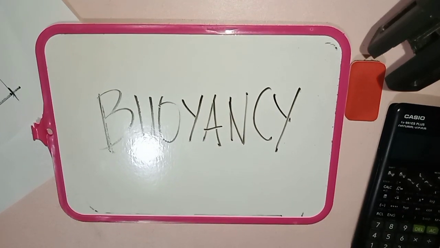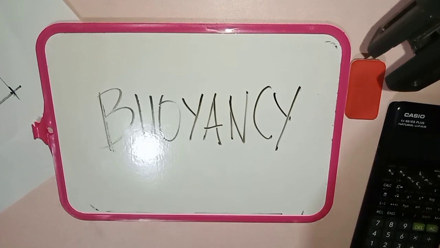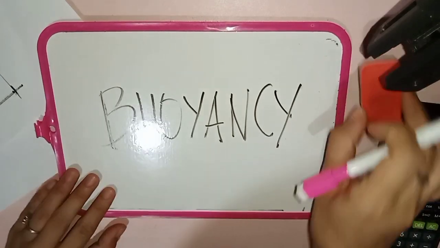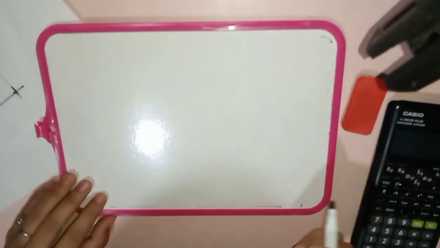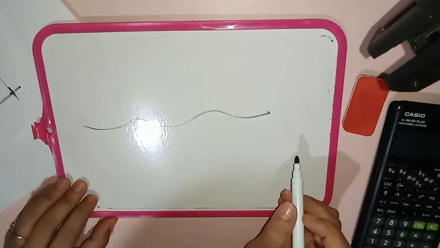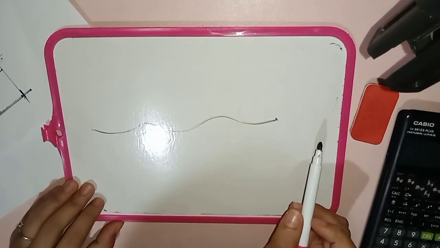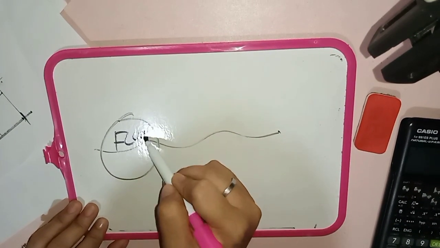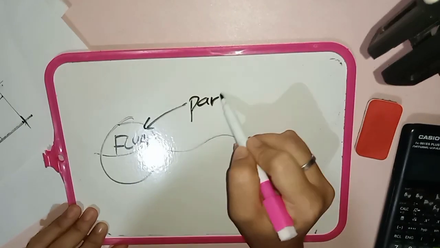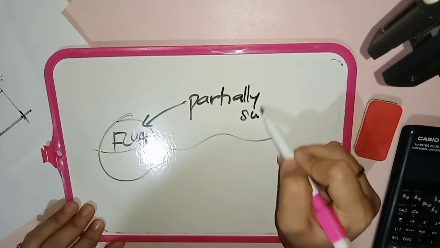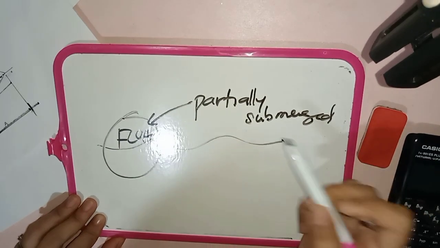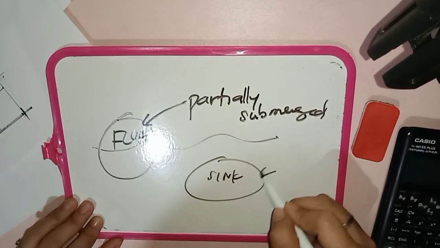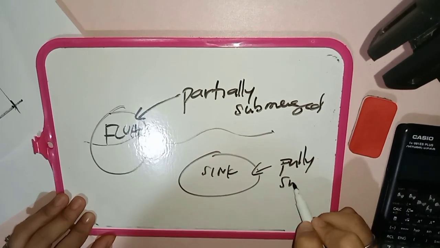Buoyant force is the upward force produced on a body that is totally or partially submerged in a fluid, here water. This one is partially submerged, floating. Then fully submerged is one that sinks.